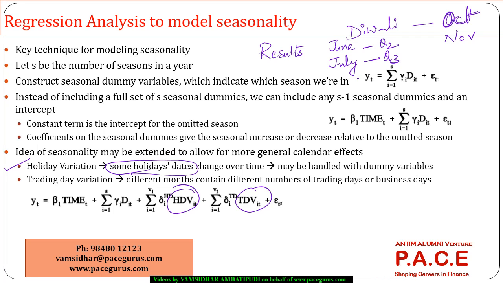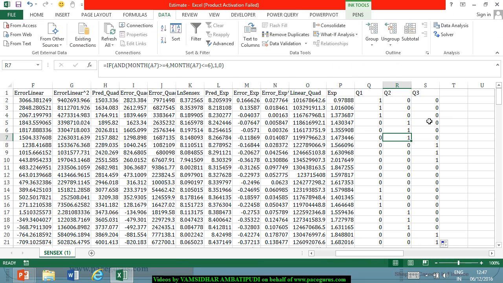So if I want to capture that kind of variation, we are talking of a holiday variation, and whatever holidays I want to consider, I can treat each one of them as again a different dummy variable. Right? In each of the years, if I know the dates of Diwali, then I can very well put 1 in those months where Diwali has come, 0 in those months where Diwali did not come.